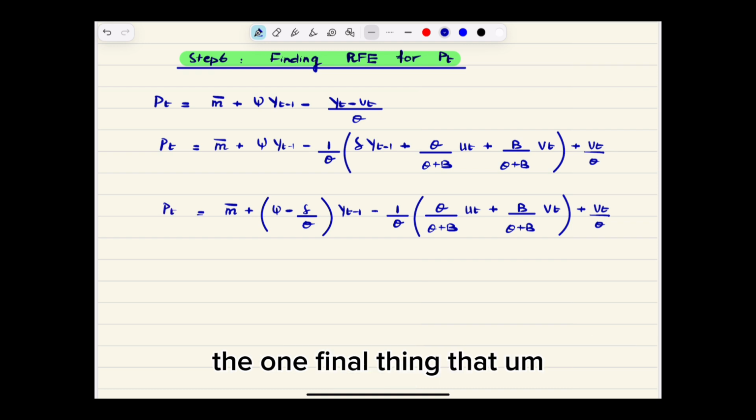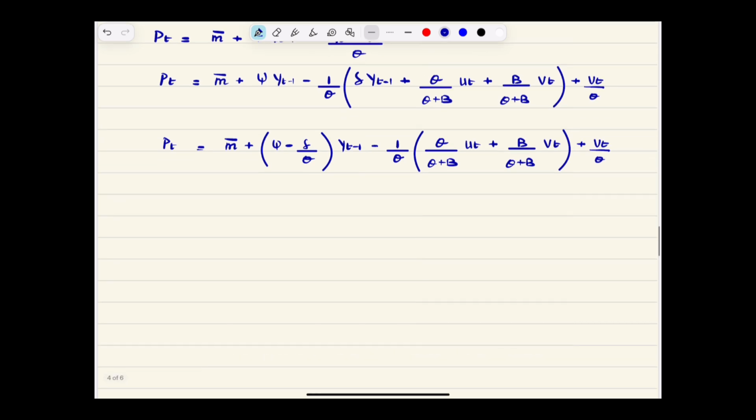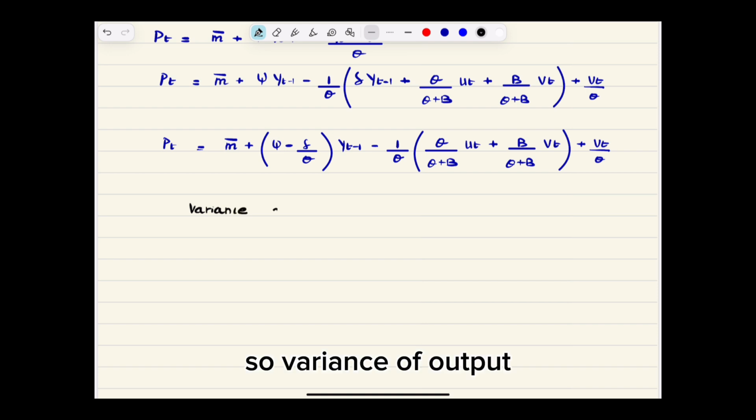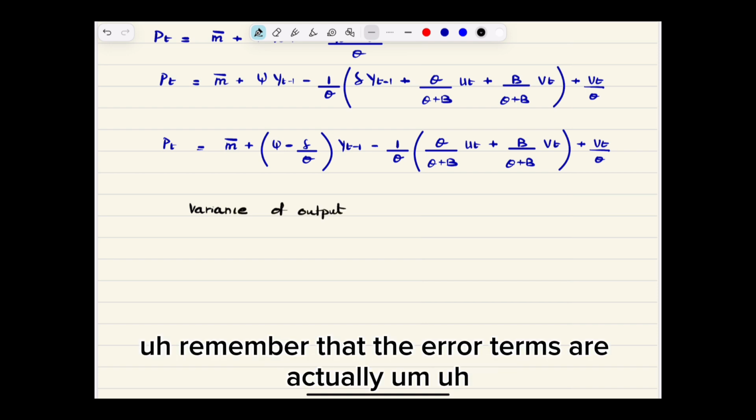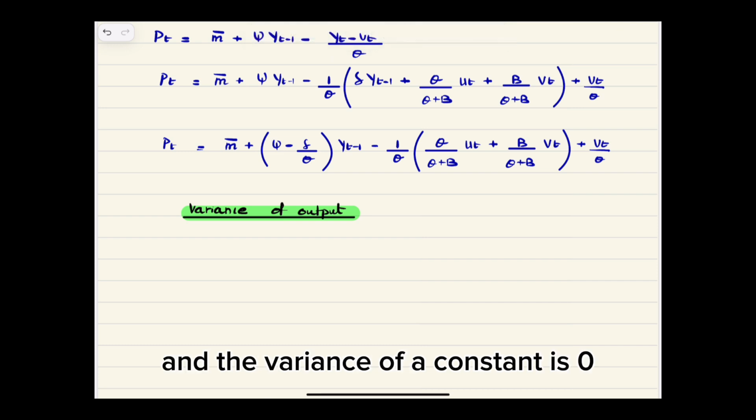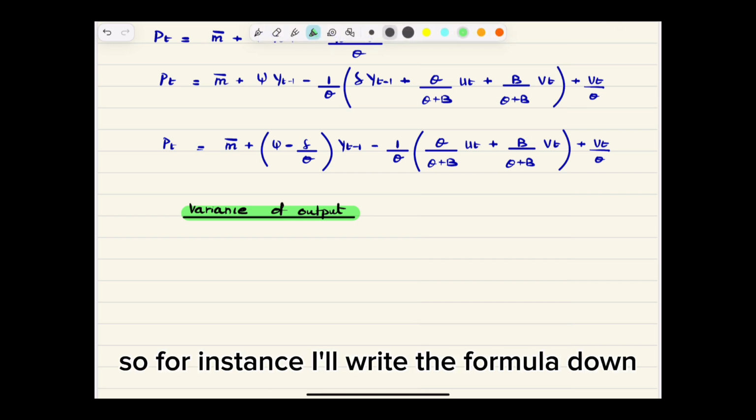And the one final thing that we should be concerned about is the variance of output. Remember that the error terms are uncorrelated, and the variance of a constant is 0. So for instance, I'll write the formula down.